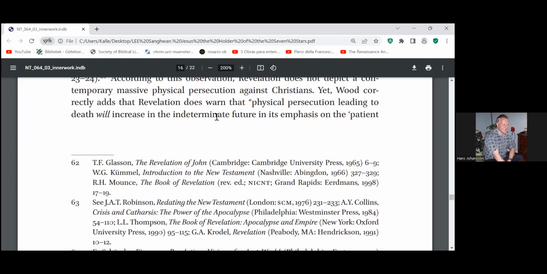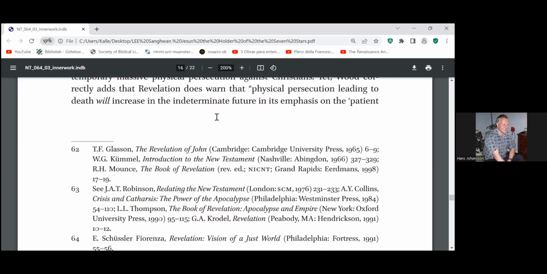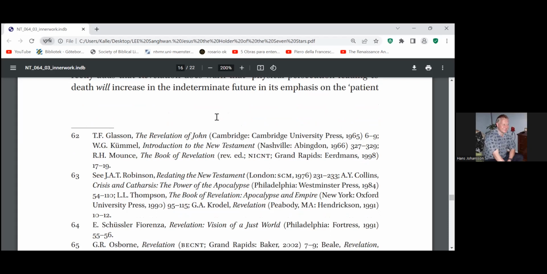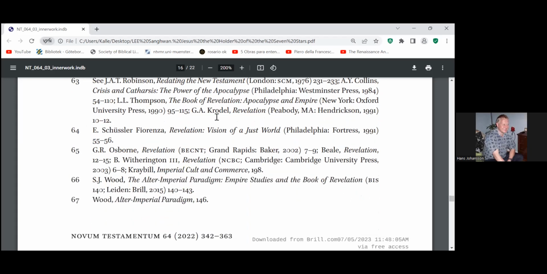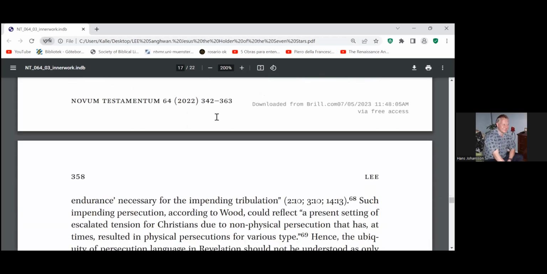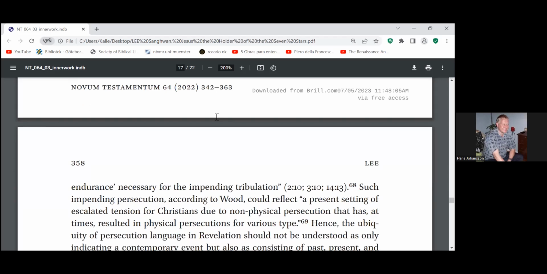Yet, Wood correctly adds that Revelation does warn that physical persecution leading to death will increase in the indeterminate future in its emphasis on the patient endurance necessary for the impending tribulations.